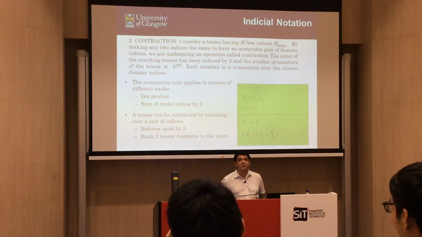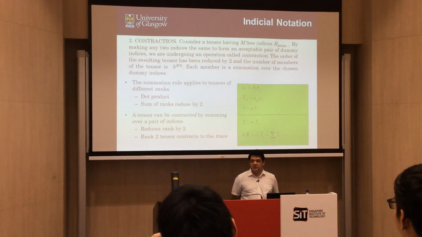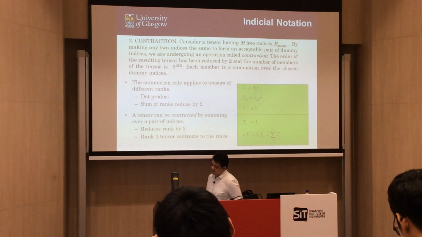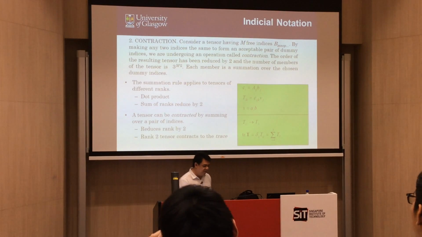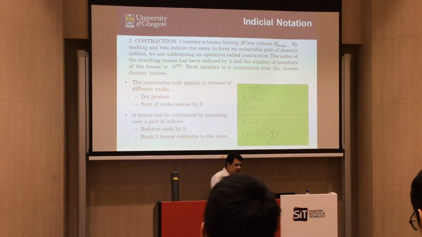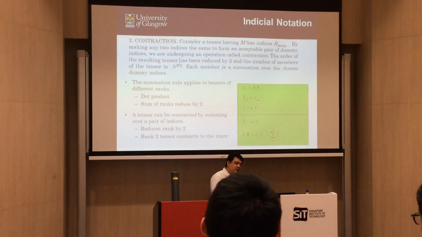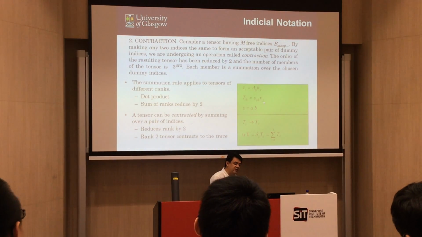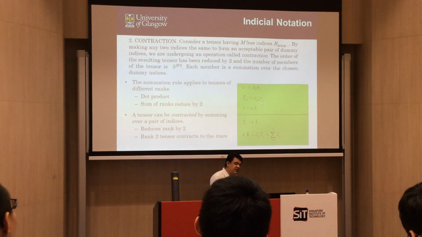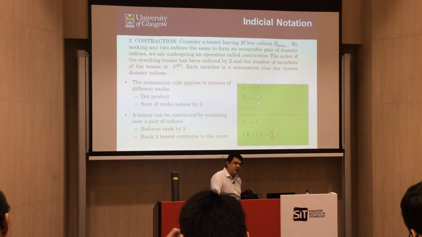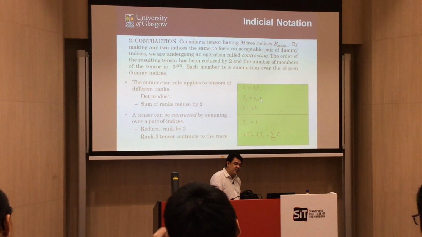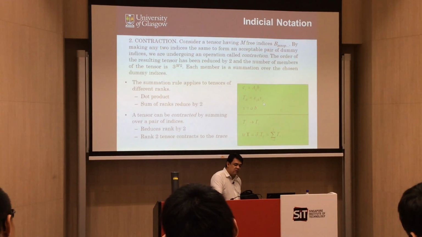So that's basically the principle of contraction. So meaning is that you have, say for example, initially a huge tensor, a higher order rank tensor, you multiply it with another tensor. If there are dummy indices, then the order reduces by 2. So as you can see here, this epsilon_ijk multiplied by this vector here, so j will be a dummy index.